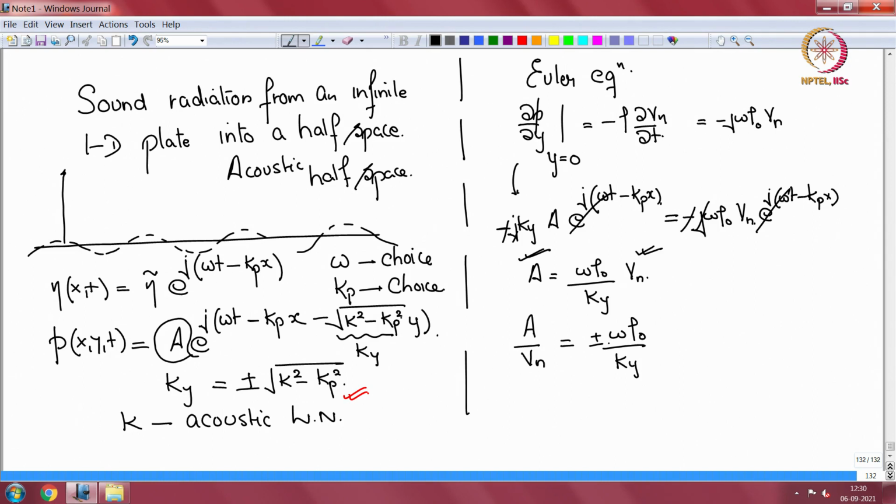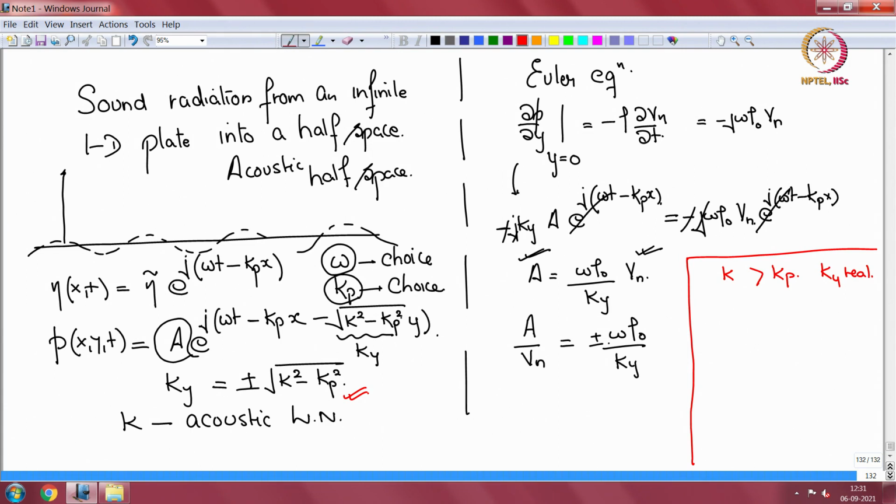Now, why does ky carry a plus minus sign? I have chosen kp, and I have chosen omega, so it can happen that k is greater than kp, in which case ky will be a real value.